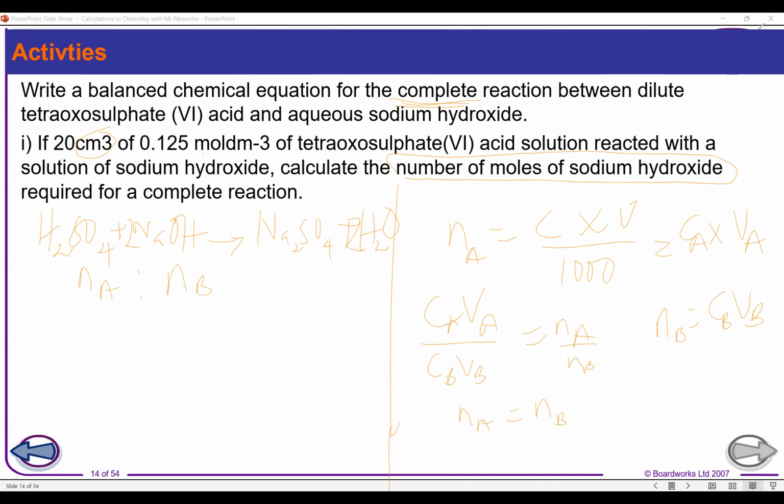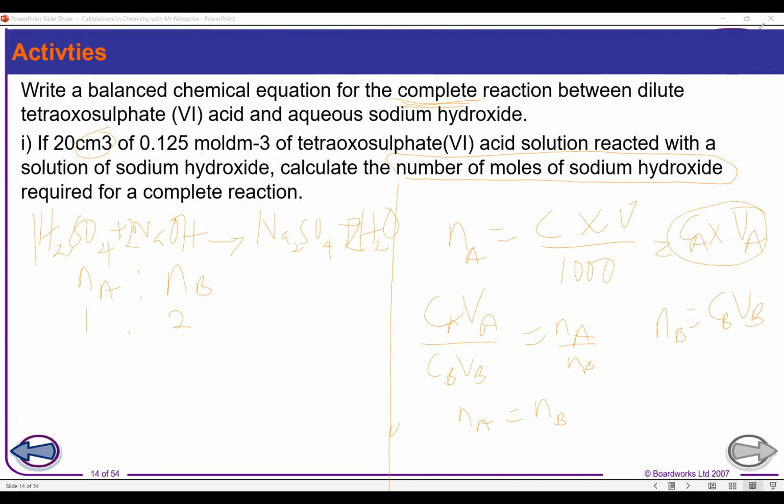From this equation, that's where you start from. What is the number of moles of the acid in the equation? Coefficient of acid, that is the number at the back of the acid, that is 1. Coefficient of base, Nb, 2. You see, that's very simple. That is from the equation. What about from the solution itself? What is our Na? That is CaVa.